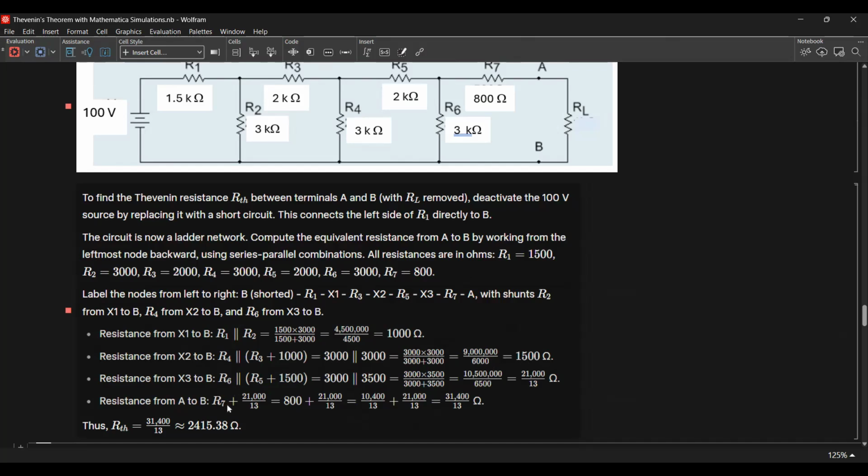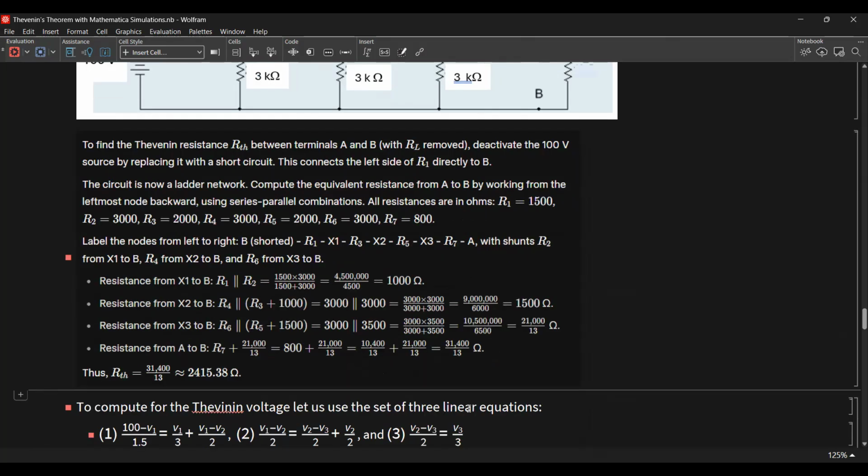Then we have the R7 that is in series with this resistance. It is in series with the 21,000 over 13. So we have the RTH equal to 31,400 over 13.